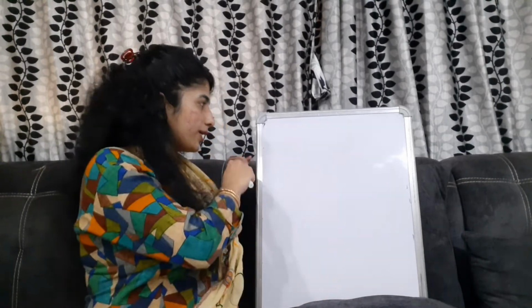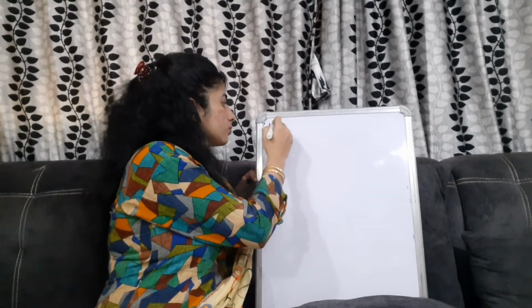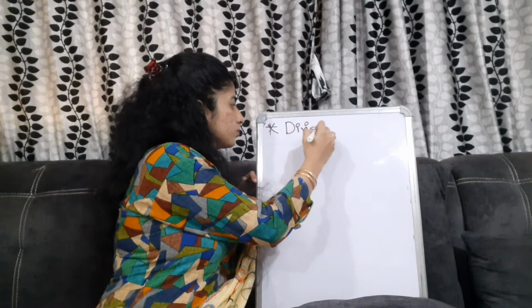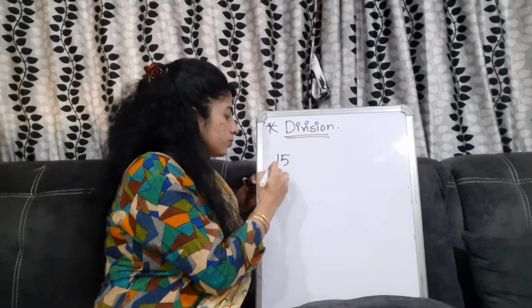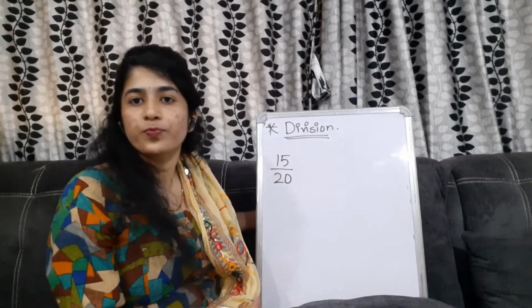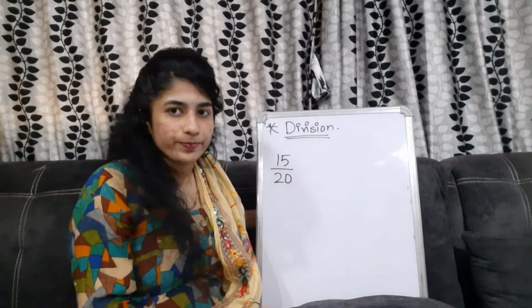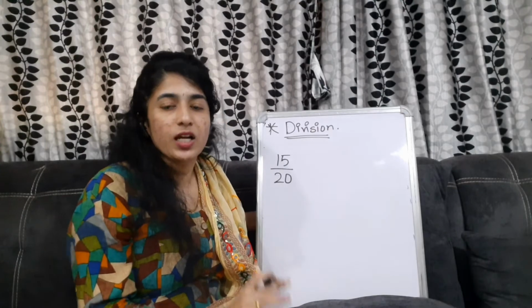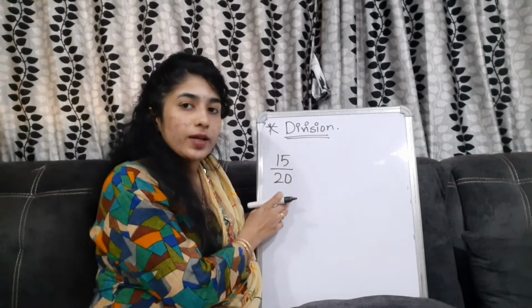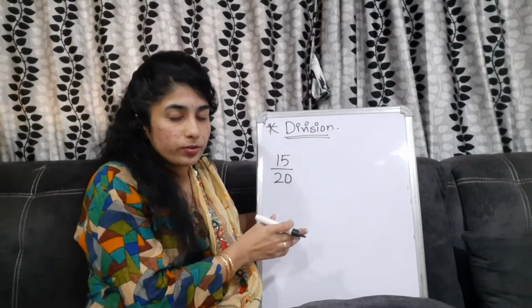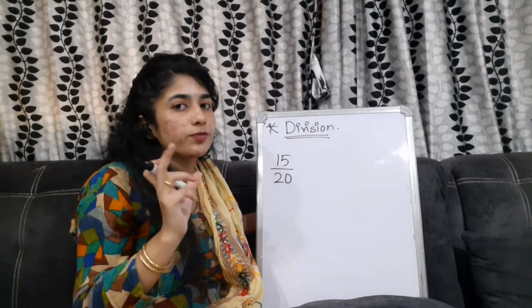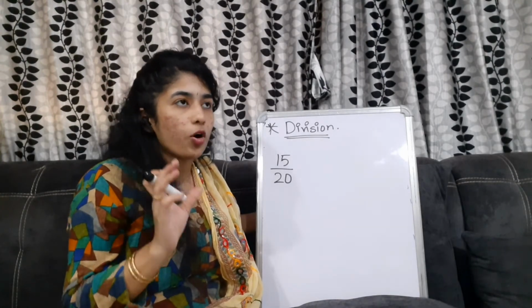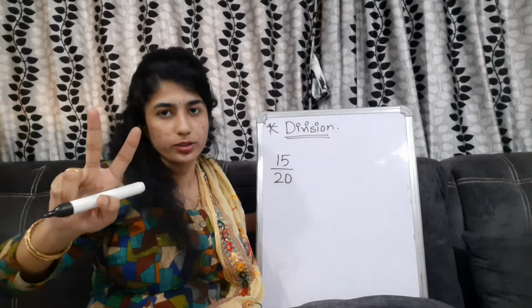So I'll take one example. This is the number I am getting: 15 upon 20. I want to find the equivalent, lowest form fraction. If they are mentioning lowest form, the question can be asked in two ways.